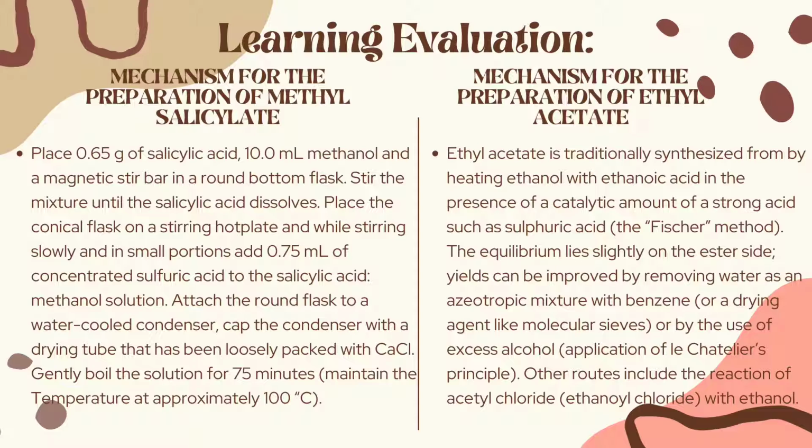Yields can be improved by removing water as an azeotropic mixture with benzene or by a drying agent like molecular sieves, or by the use of excess alcohol. Application of Le Chatelier's principle. Other routes include the reaction of acetyl chloride with ethanol.